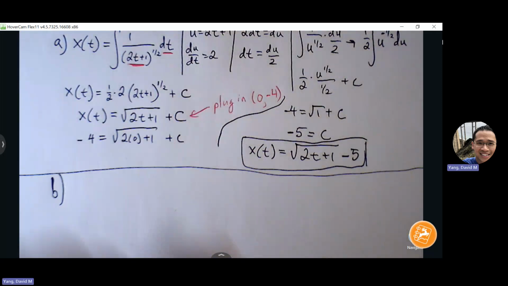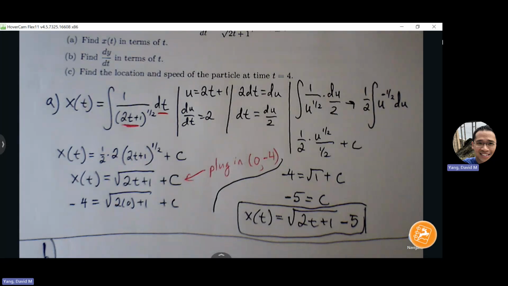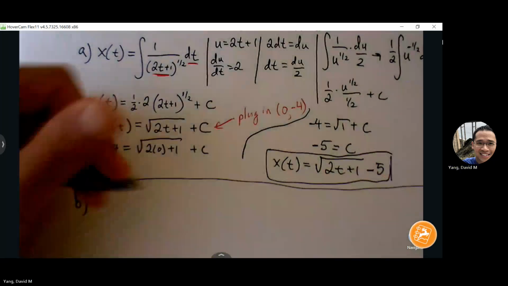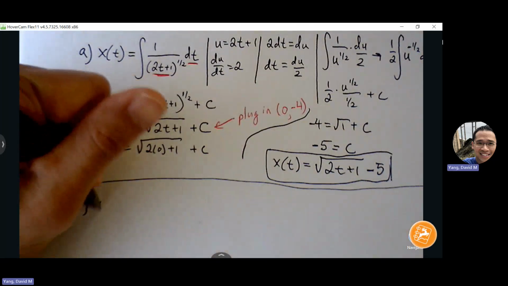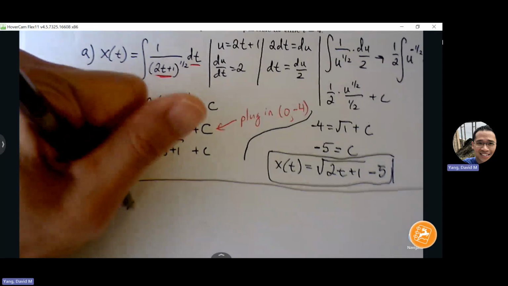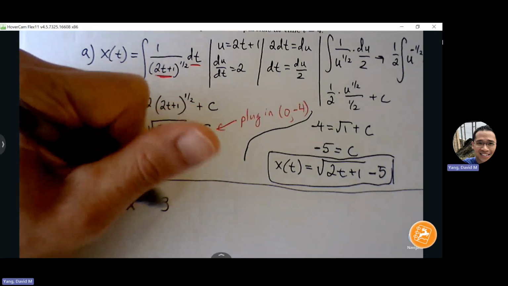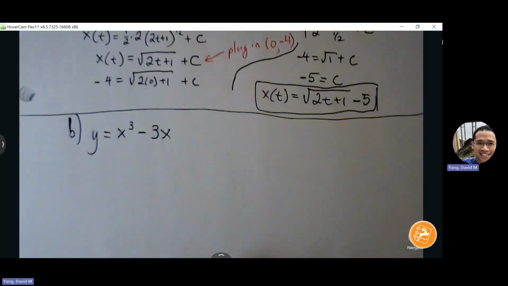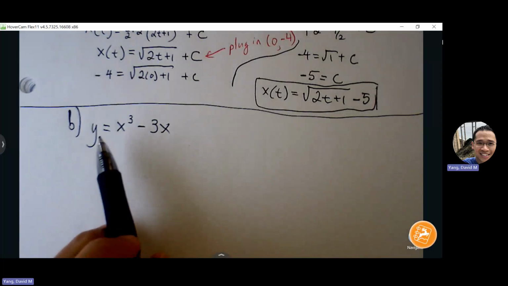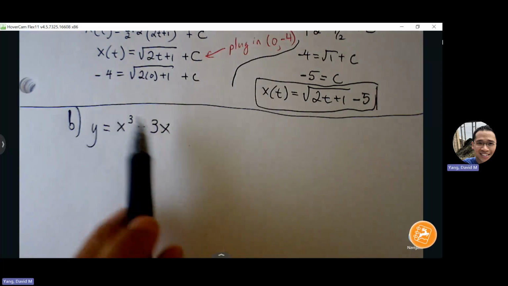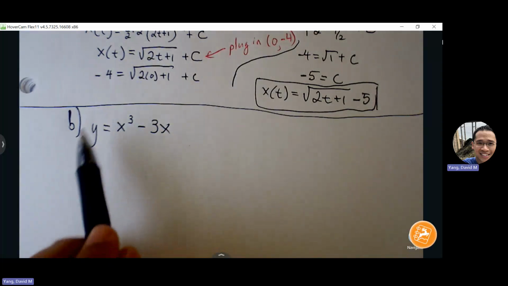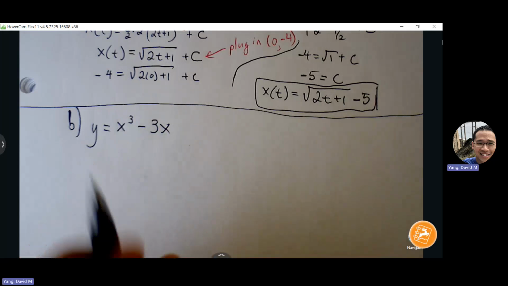Part B, find dy/dt in terms of t. So we know it has to involve a derivative somehow. Let's see what they give us. They give us y equals x cubed minus 3x, but I want time to show up. So what can we do?